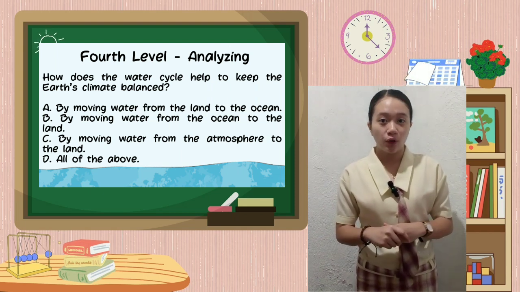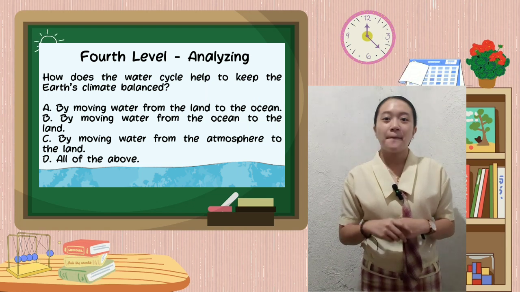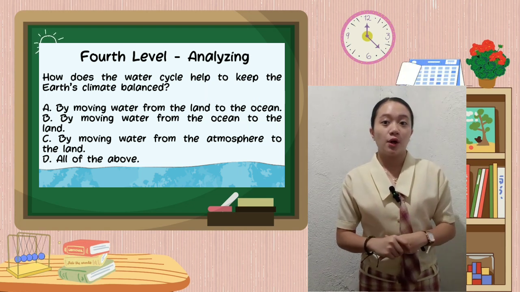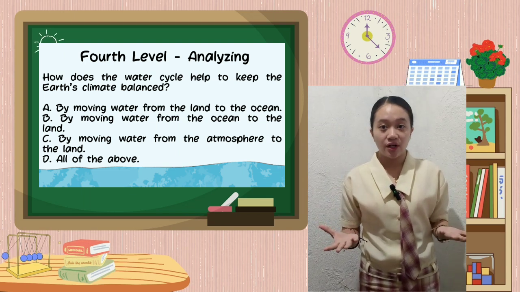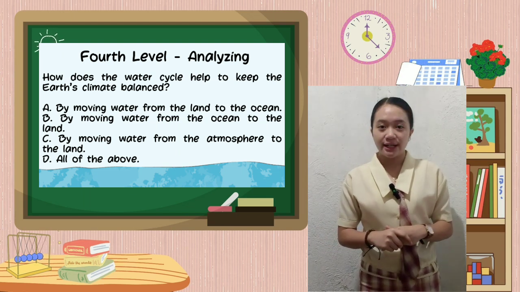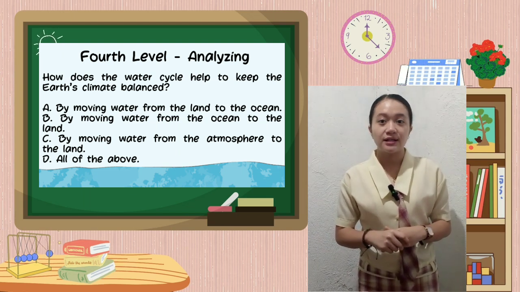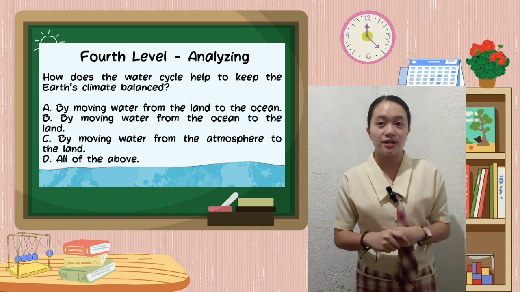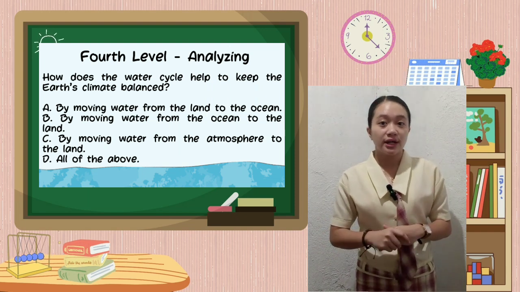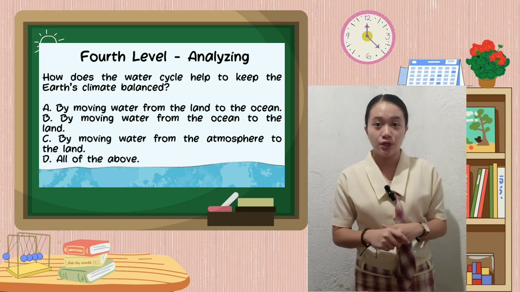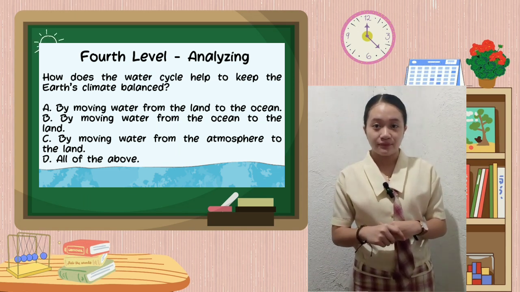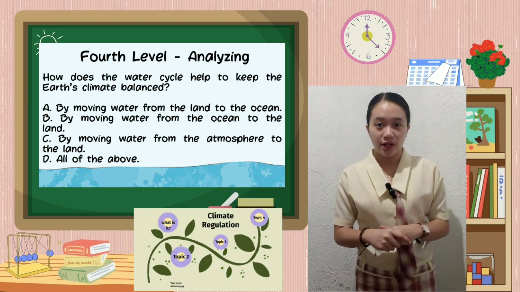A. By moving water from the land to the ocean. B. By moving water from the ocean to the land. C. By moving water from the atmosphere to the land. Or D. All of the above. So this question requires students to analyze the interconnectedness of the water cycle's stages and how they contribute to a larger system, like climate regulation.